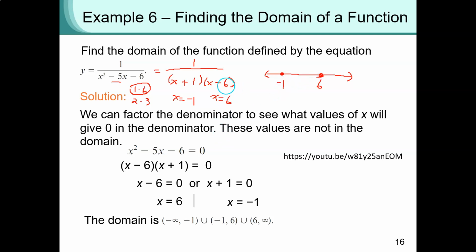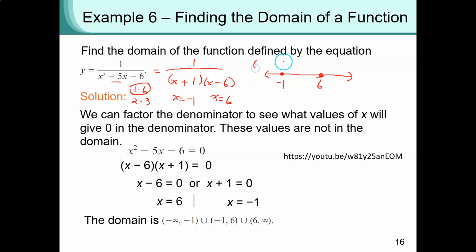That means I can pick whatever number I want, as long as I don't see these two numbers on my number line, then the whole function will continue forever. So we have to skip these 2 points.